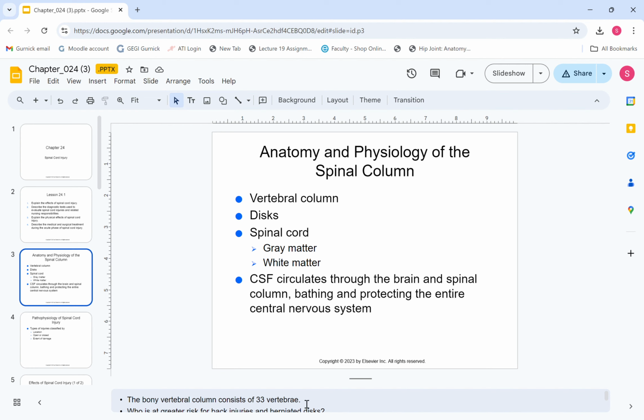The bones and also the nerves of your spinal cord are named according to the vertebra that they are, or for the nerves, what vertebra the nerve is exiting the spinal cord at. So we could say L2, that would refer to the vertebra. It might also refer to the nerve coming out of that vertebra.